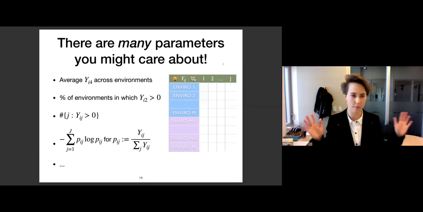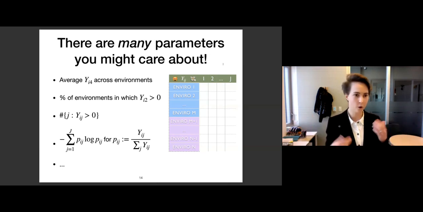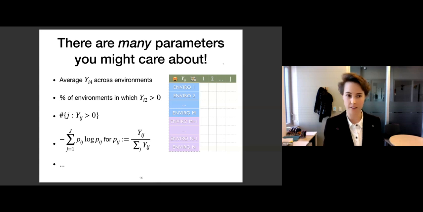Average microbial abundance seems like a reasonable thing to summarize. We could also be thinking about parameters associated with the presence or absence of an organism. We could ask what percentage of environments have the second biological unit present in some abundance. We don't care what it is. We're just interested, is it there or is it not? What percentage of environments is it there in?